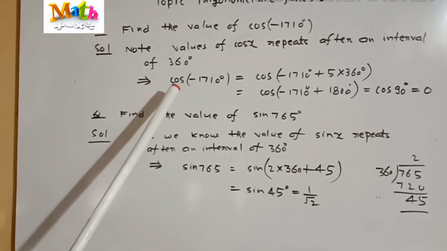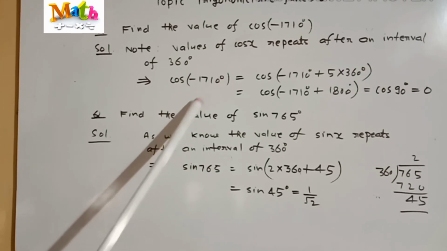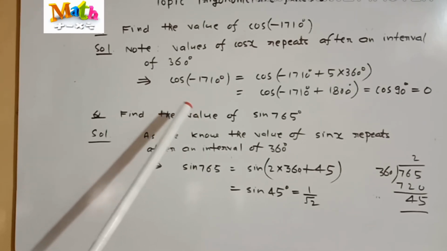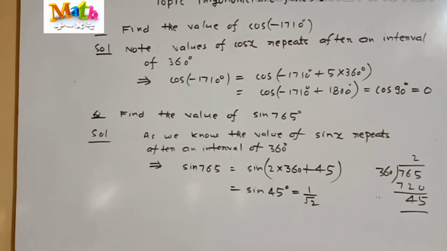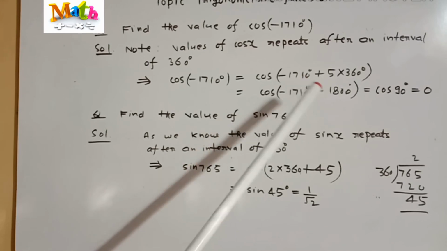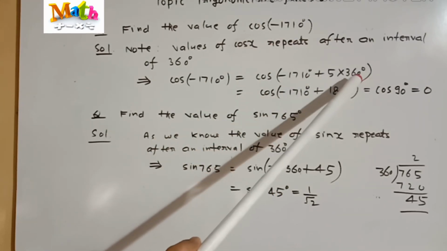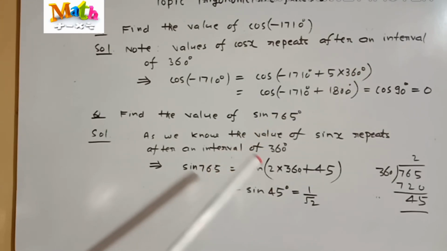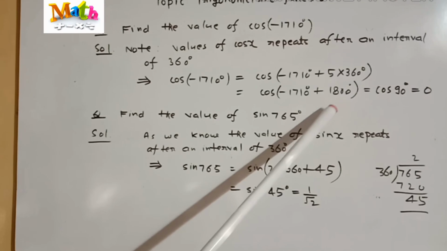So when you solve cos of minus 1710 degree, you can change this negative angle into a positive one by completing rounds of 360 degree. As you know, 5 times 360 degree, that is 1800, gives a bigger value than the given number.